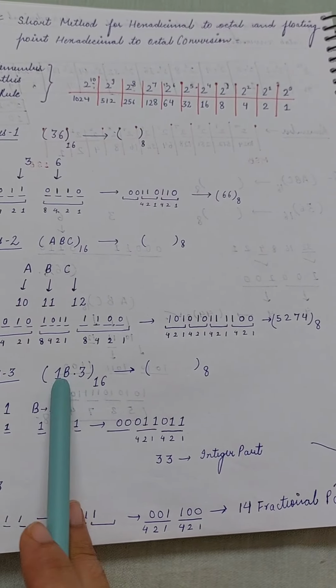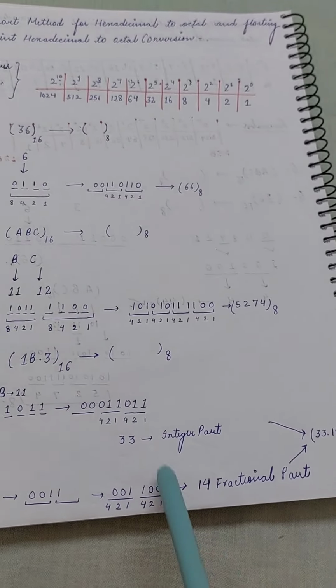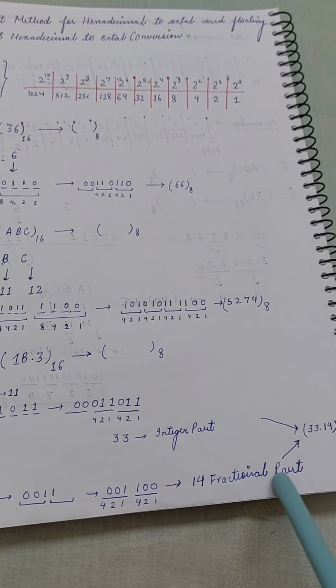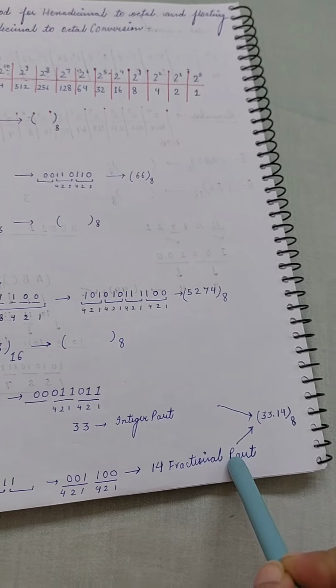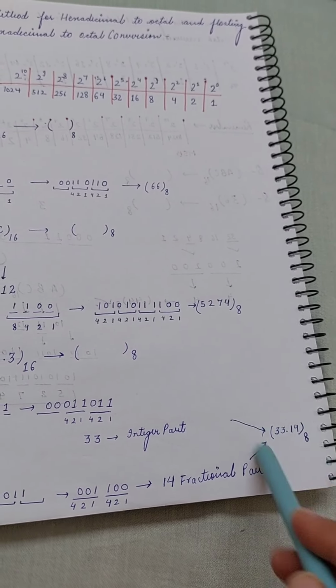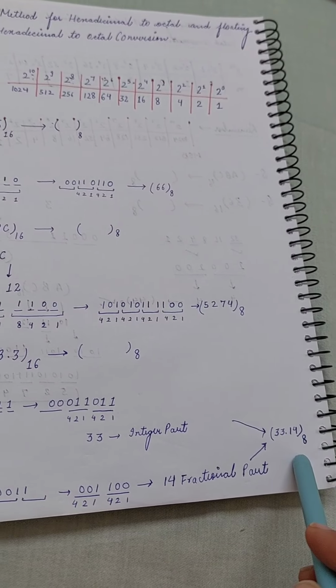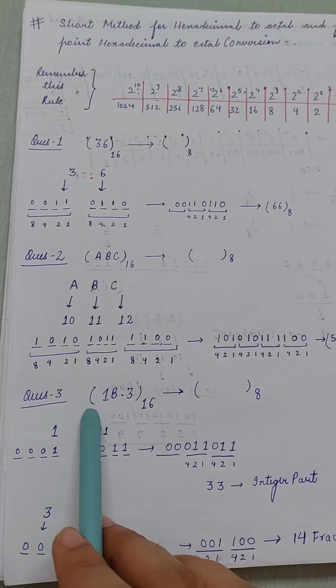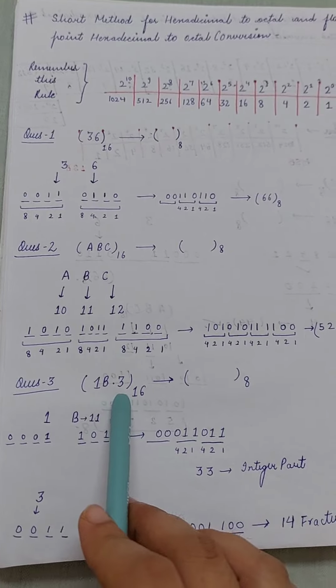So combining this integer part and fractional part with base 8 gives us 33.14 to the base 8, that is the octal number for this hexadecimal number 1B.3.